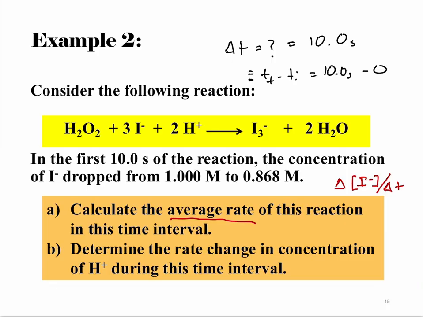What is our expression for reaction rate? And remember, I know there's going to be a lot of K's and E's and T's and stuff in the next couple weeks, but this is our reaction rate, right? That's how we defined it.